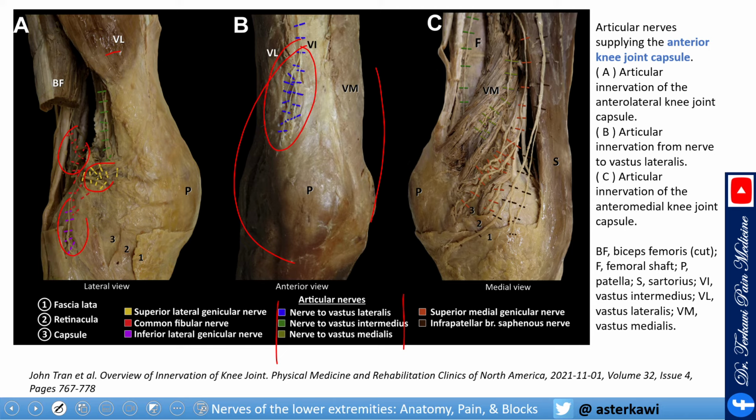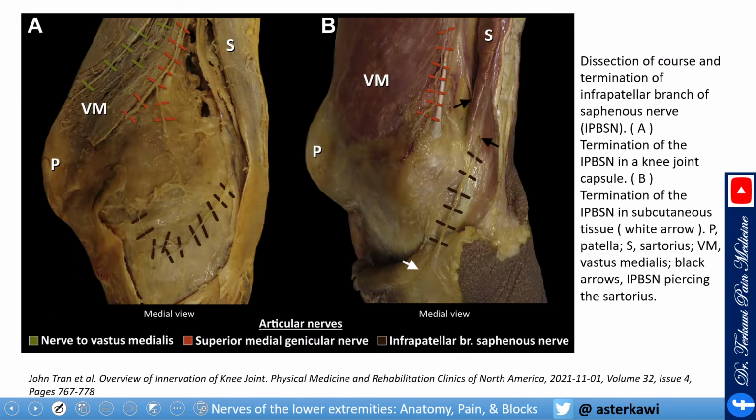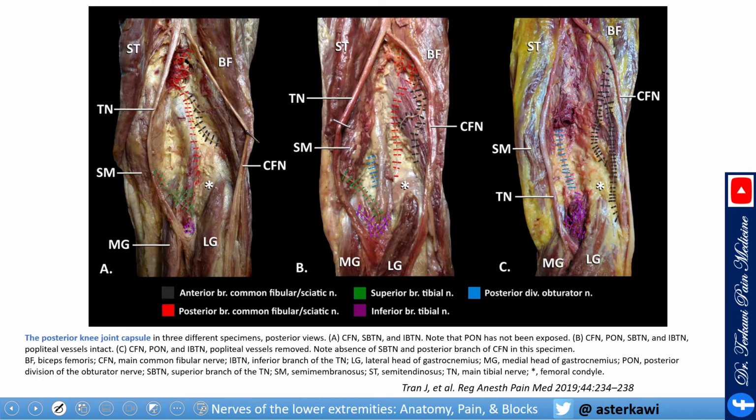Now, if you look at the medial view here, mainly the superior medial genicular nerve and the infrapatellar branch of the saphenous nerve. Here, more zoomed in on the medial, that's the infrapatellar, and here the superior medial genicular nerve, and here again the nerve to vastus medialis.